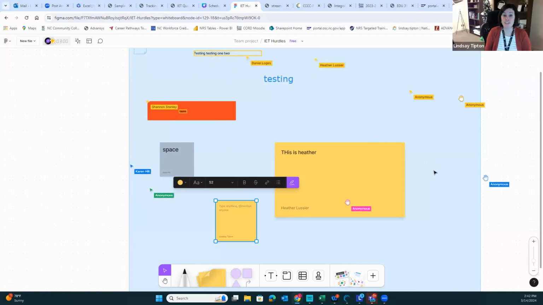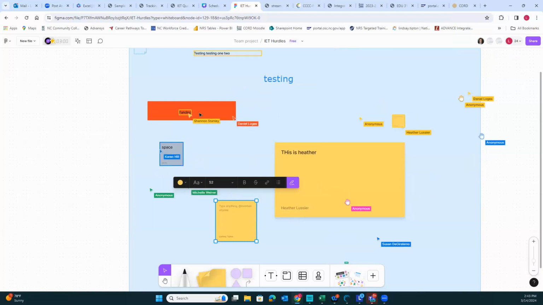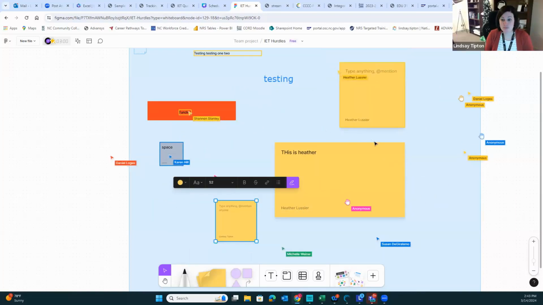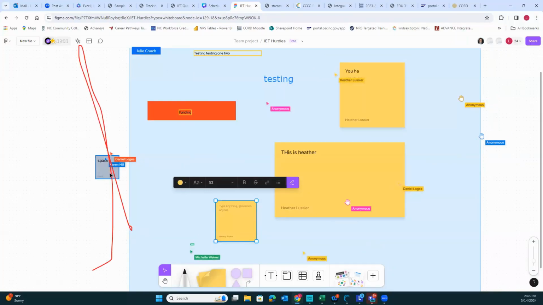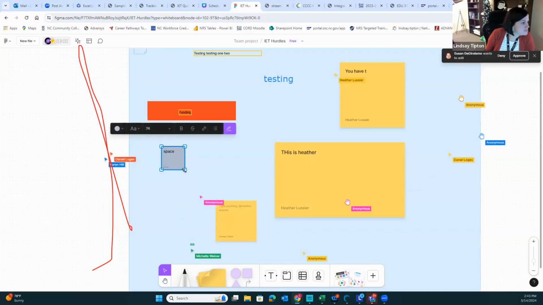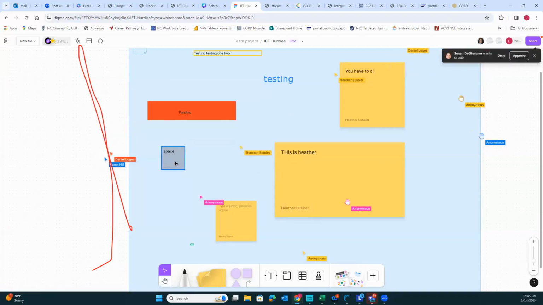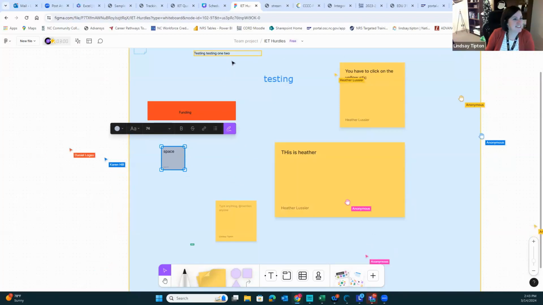Heather, see, look, we're brainstorming different ways that you can use this strategy with your students. Okay, I've typed over here, but I can't get it over there. Oh, look at that, that's a fancy little thing. There it is. It says, space, funding, testing.